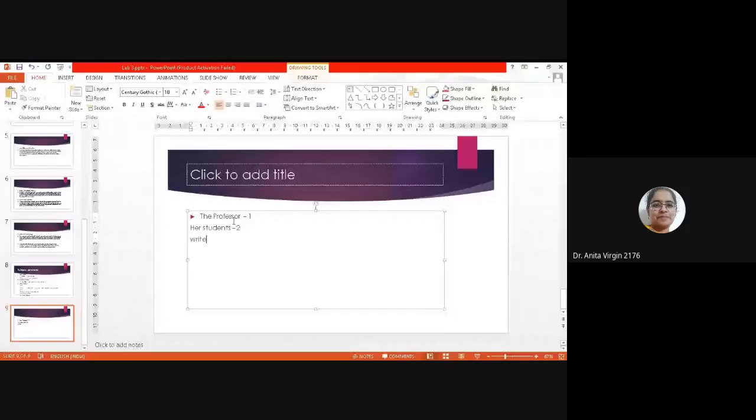Okay, now see this sentence. The professor or her students write. So this is the sentence actually, isn't it?